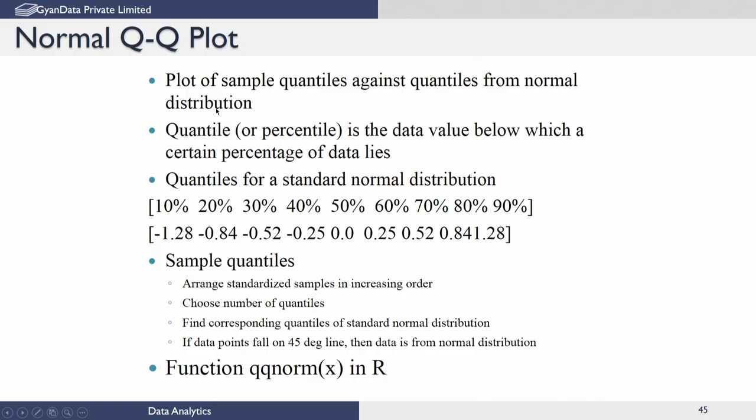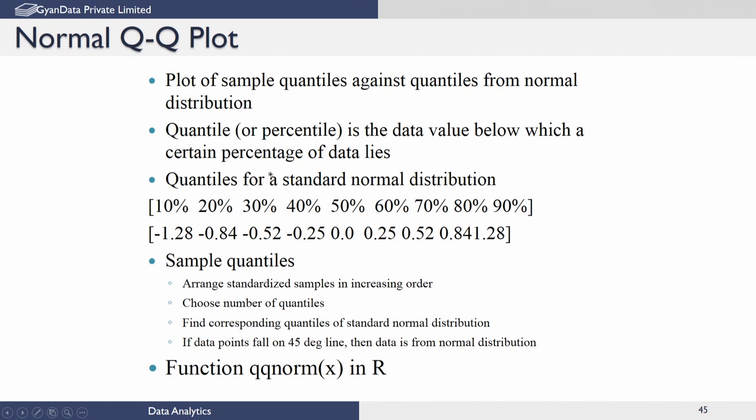So, if we want to compare whether a given set of data follows a certain distribution, then we plot the sample quantiles against the quantiles drawn for that particular distribution against which we want to test this sample. In this case we want to test whether the standardized residuals come from a standard normal distribution, and therefore we will take the quantiles from the standard normal distribution and plot them.